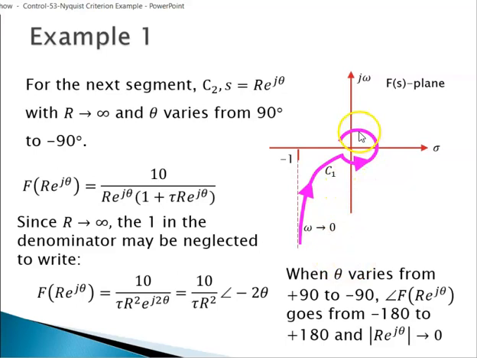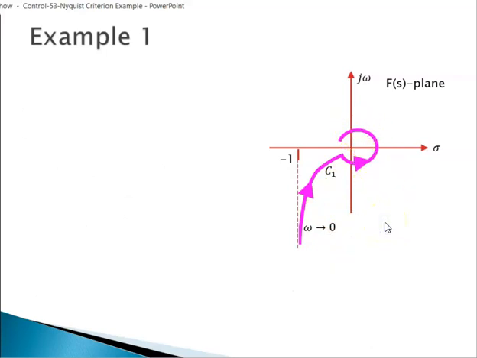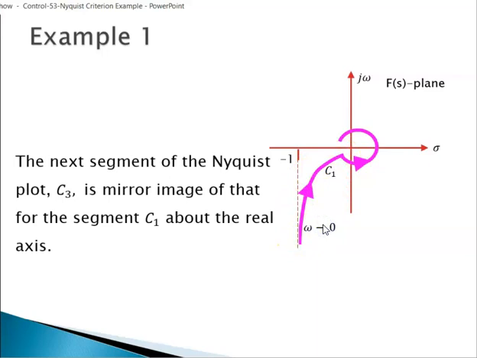So this is the path corresponding to C2. Then we say that the path corresponding to C3 is the mirror image of this, as shown here.